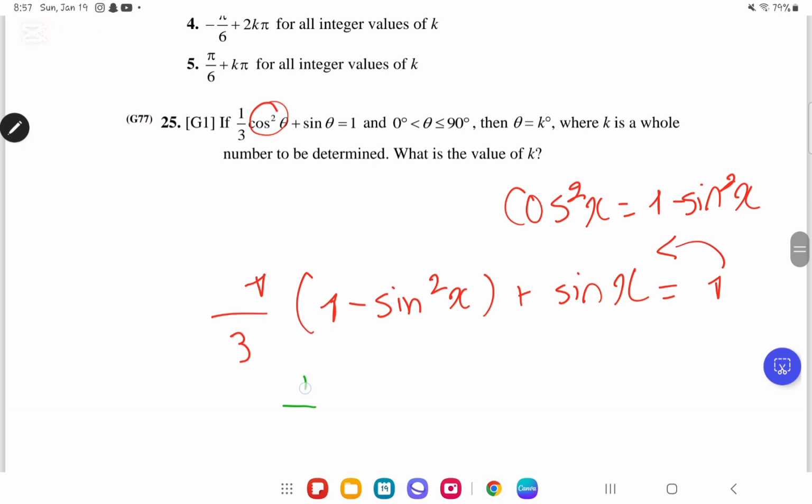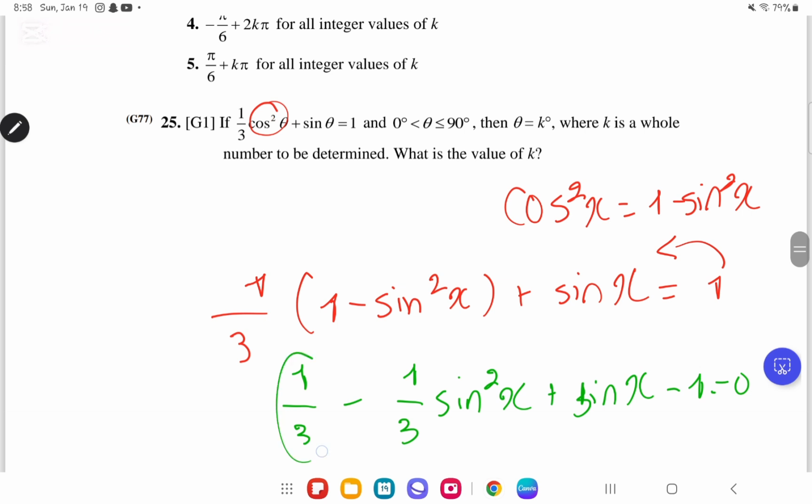Move it to the other side and we are going to multiply. So it becomes 1 over 3 minus 1 over 3 sine squared x plus sine x minus 1 is equal to 0. So we're going to move this to over here, and we are going to do then minus 1 plus 1 over 3, we're going to get minus 2 over 3.